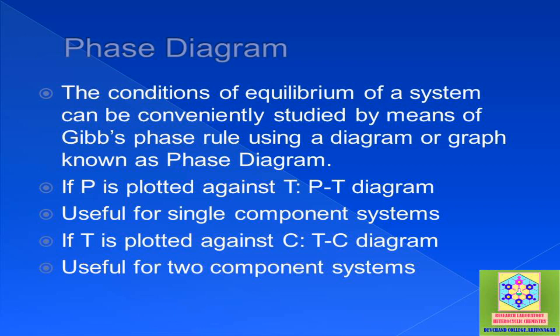This is useful for single component systems as there is no question of composition. However, for two component systems, where we must take composition into consideration, we plot temperature against composition. Such a graph is known as a TC diagram. This is useful for two component systems.